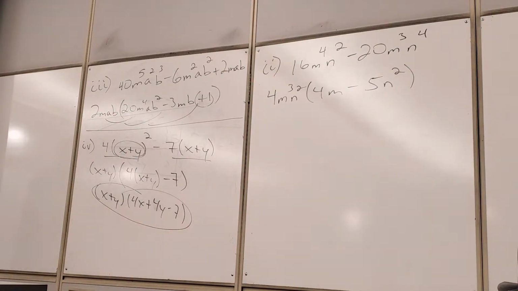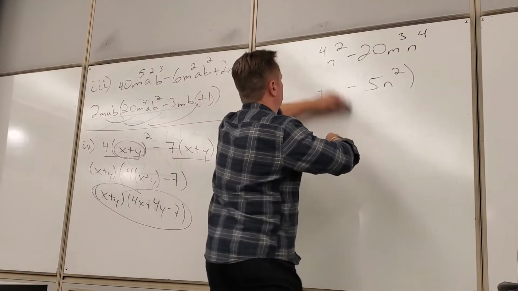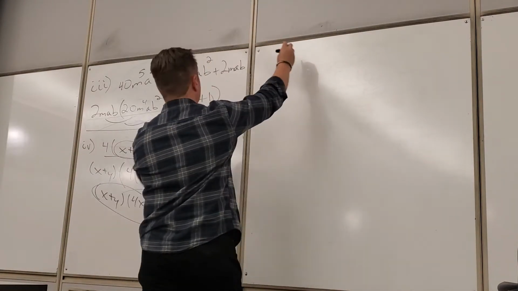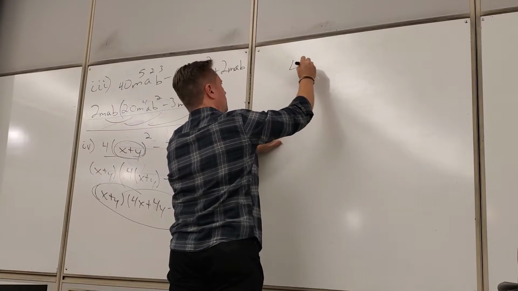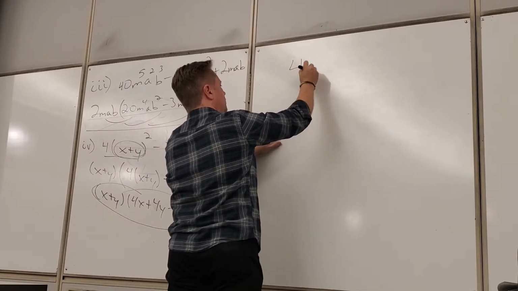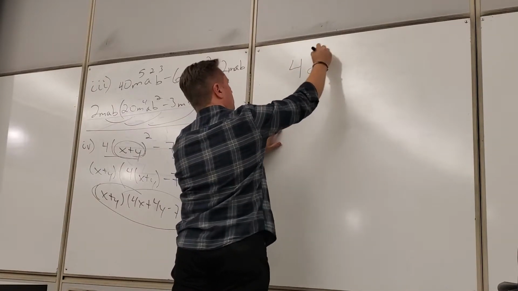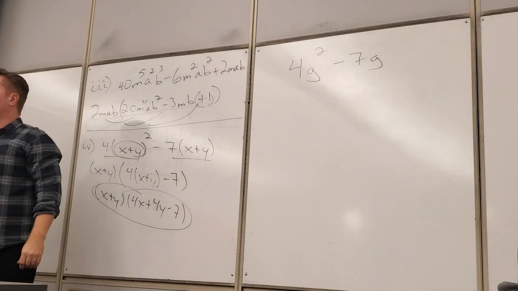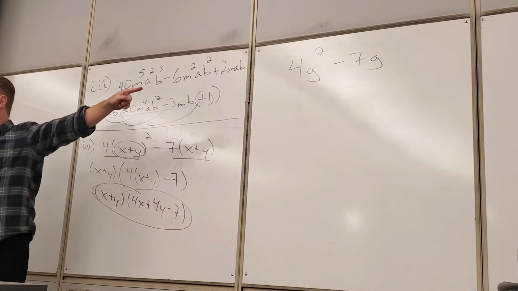Why did you put the x plus y in front of the 4? Watch this. Let me put the same problem, but a different problem at the same time. All right, those two problems are the exact same problem.